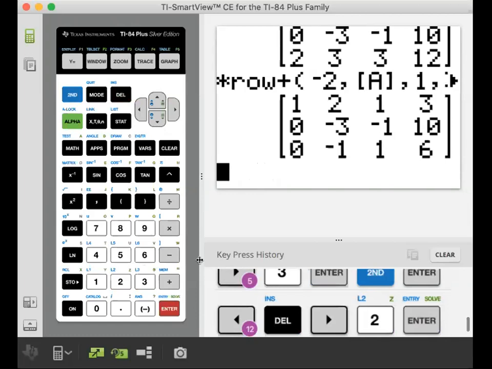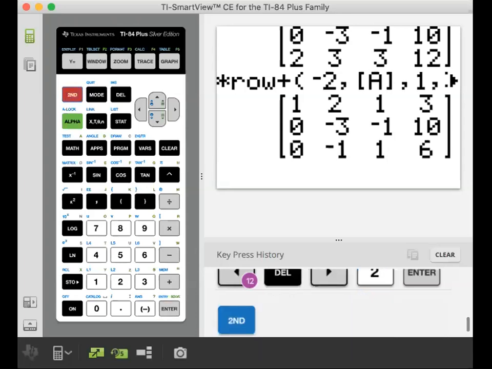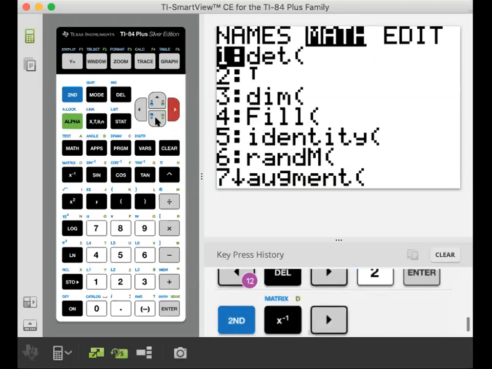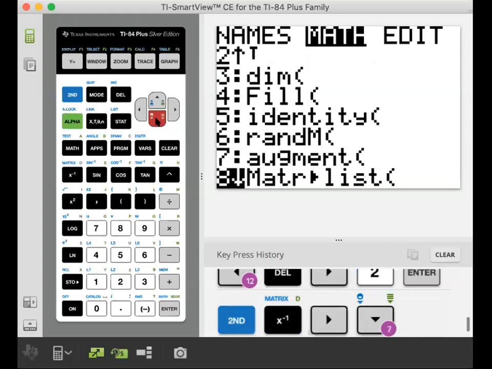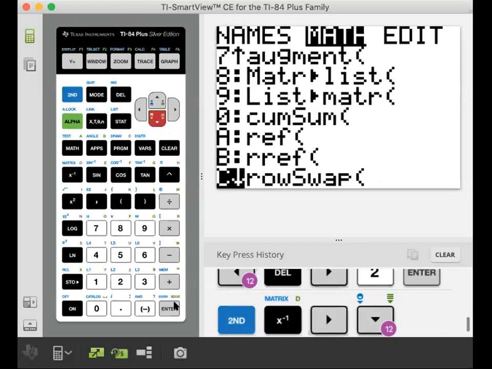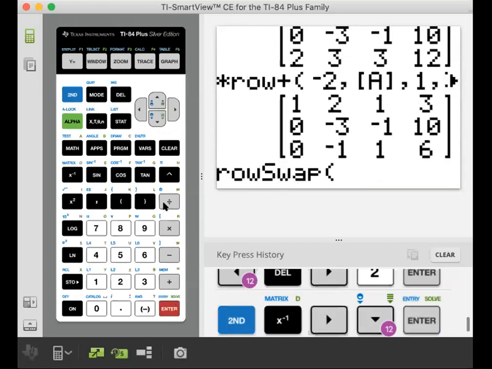Now to swap 2 rows, that one's easier. I go second matrix math. And if I go down here, I want to swap rows 2 and 3. Well, C does that. And for row swap, we first put in what matrix we're dealing with.